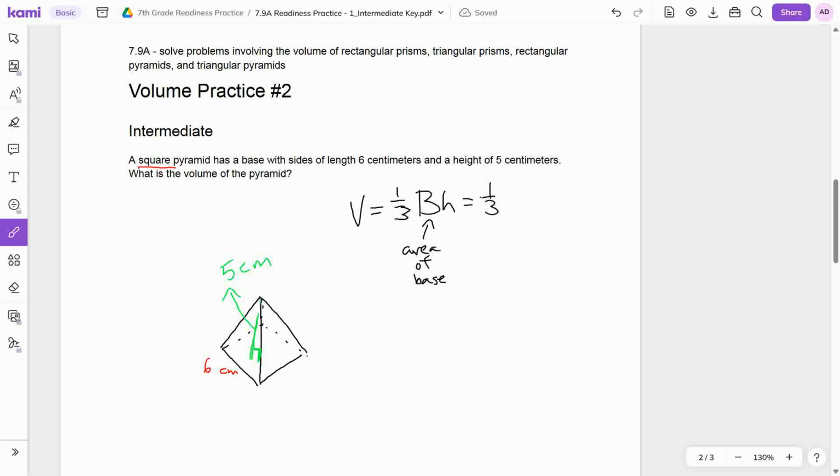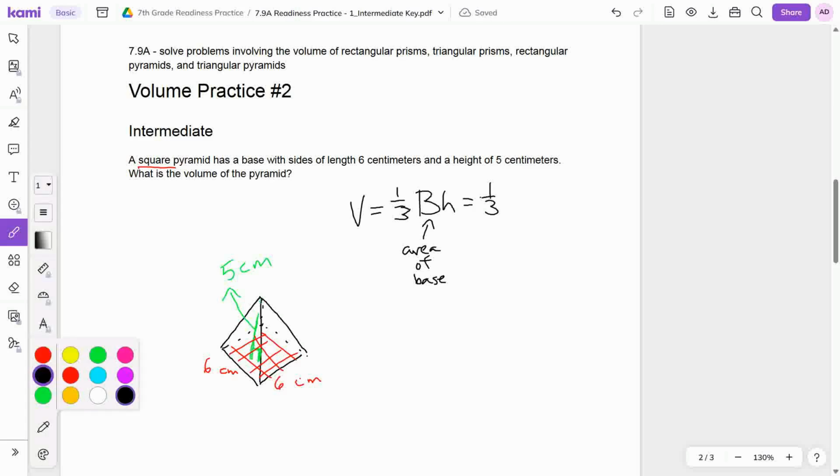So 1/3. Well, what is my base? My base is a square. And so the area of a square is side times side, or side squared. So that is going to be 6 times 6. And so we can say that is 36 square centimeters. Now the height they already gave to us, it's 5.